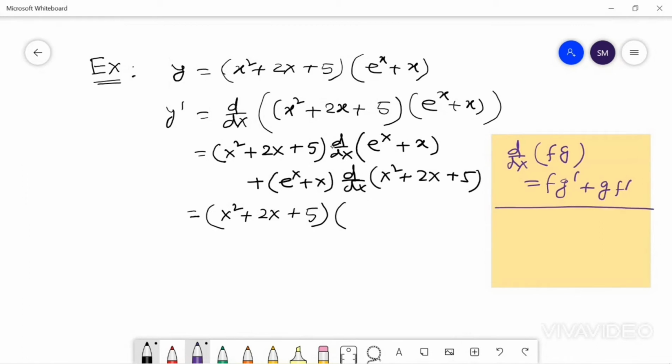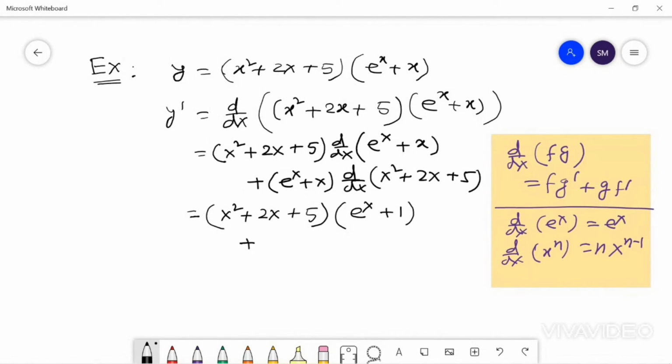So we'll recall the formula for the derivative. In this problem we need two derivatives: d/dx of e^x is equal to e^x, and d/dx of x^n is equal to n x^(n-1) for any real number n. So in this case we have e^x + 1 for the derivative of e^x + x, and using the power rule the other derivative will be 2x + 2.